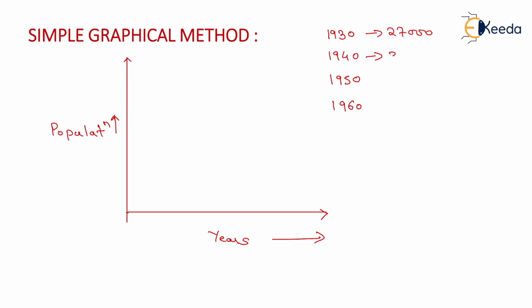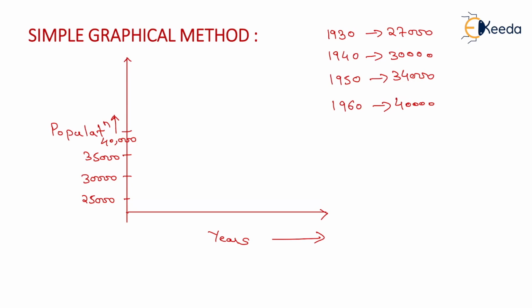Similarly for 1940 the population will be 30,000, for 1950 the population will be 34,000, and in the similar way the population of 1960 will be 40,000. So we just mark here the population, that is 25,000. Similarly 30,000. After 30,000 we will mark 35,000, and after 35,000 we will mark the 40,000 value here.